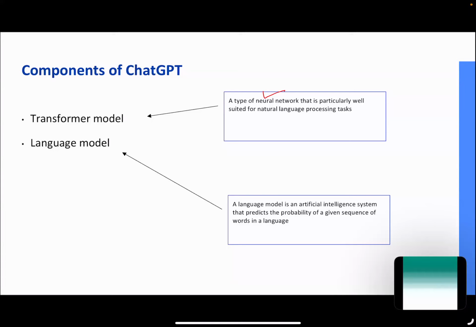What is the meaning of sequential data? It is when we have a data set that is dependent on other entities, for example, words in sentences, where each and every word in a sentence is dependent on other words. So this type of data is sequential, and the transformer, which was released in 2017, is much more suitable for sequential data and natural language processing tasks.